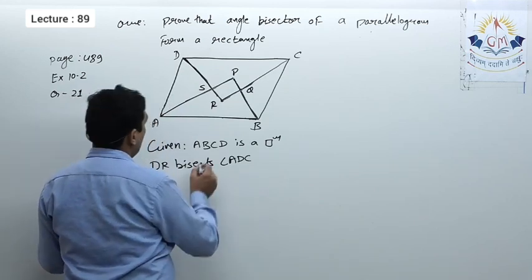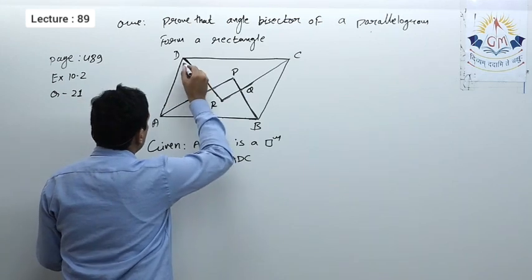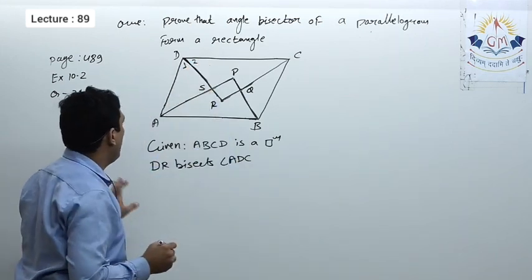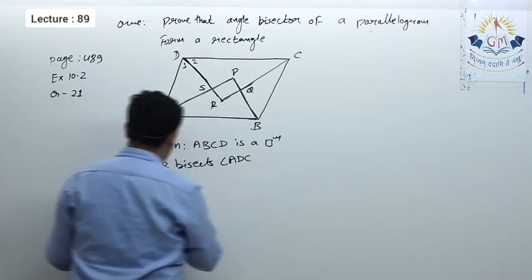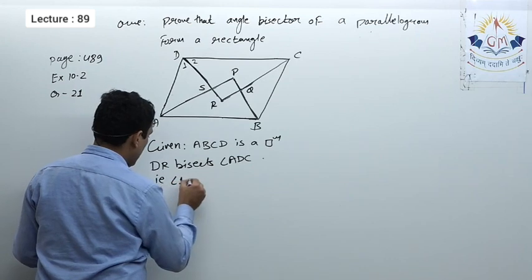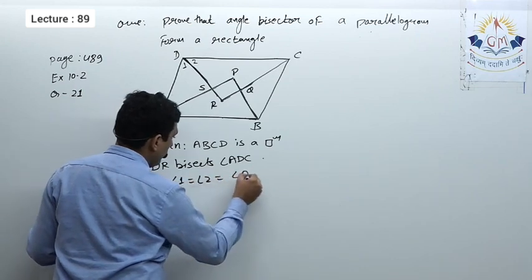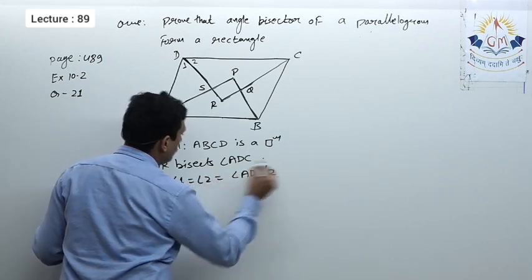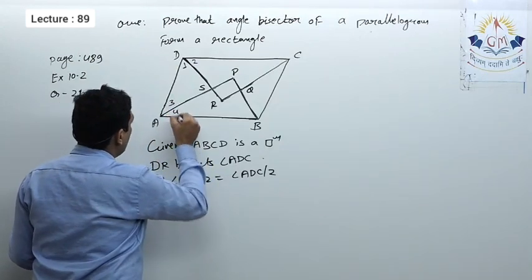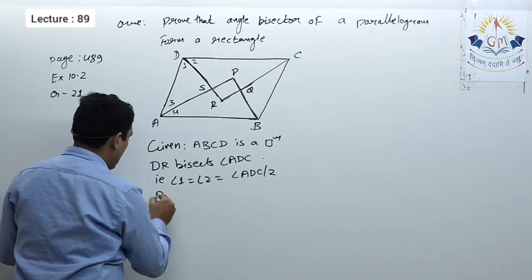So DR bisects angle ADC, so I can say angle 1 is equal to angle 2 is equal to half of angle ADC, that is, angle ADC by 2. Similarly, angle 3 will be equal to angle 4.